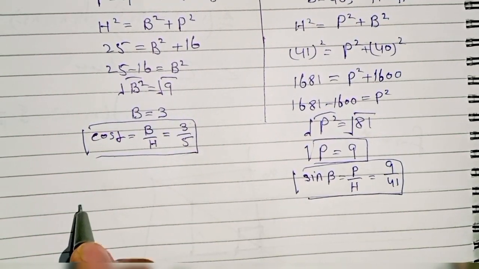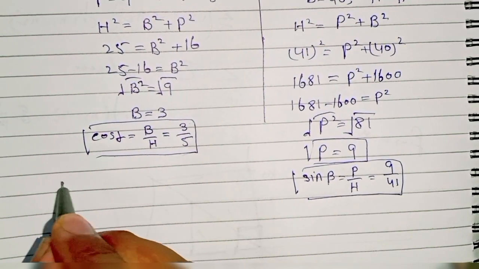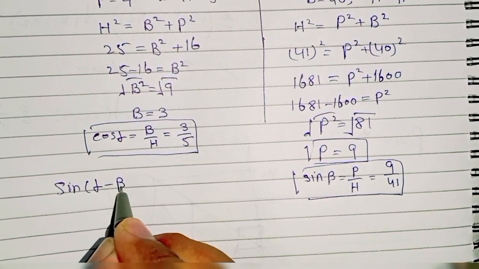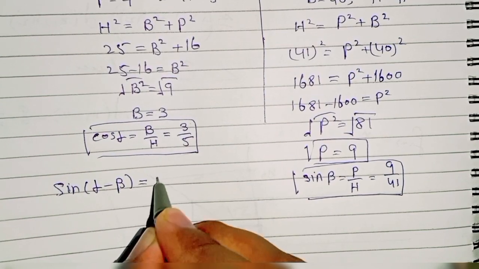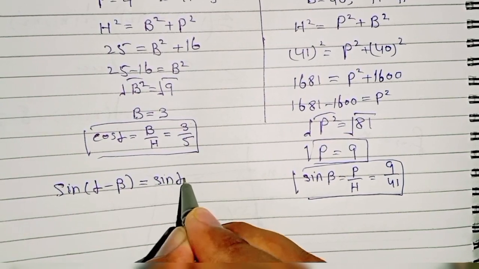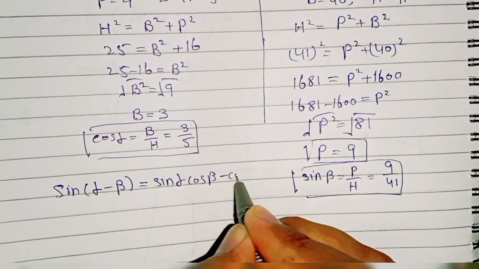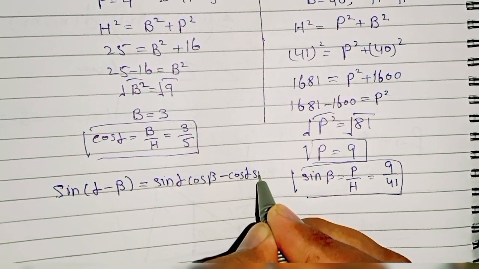Sin of alpha minus beta. By using the formula, sin of alpha minus beta is equal to sin alpha cos beta minus cos alpha sin beta.